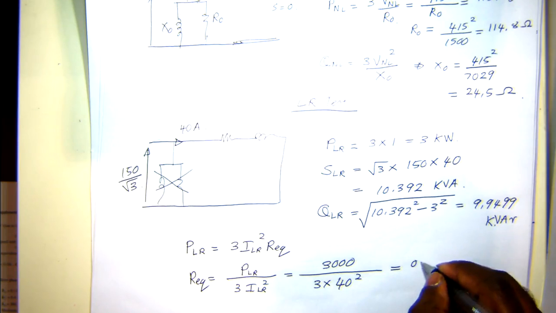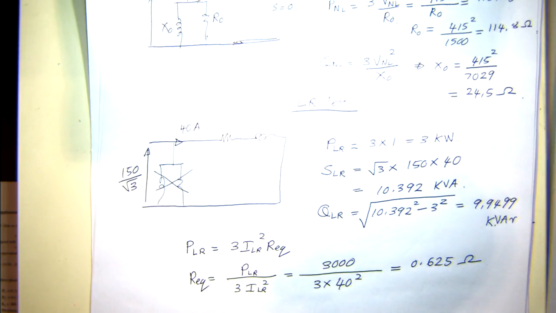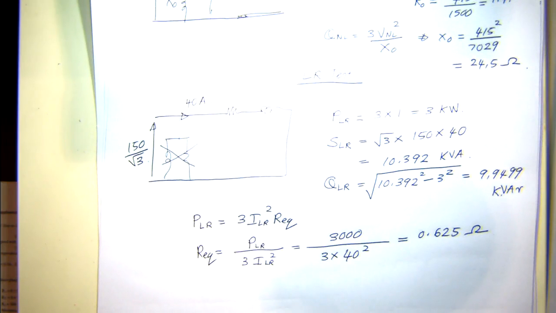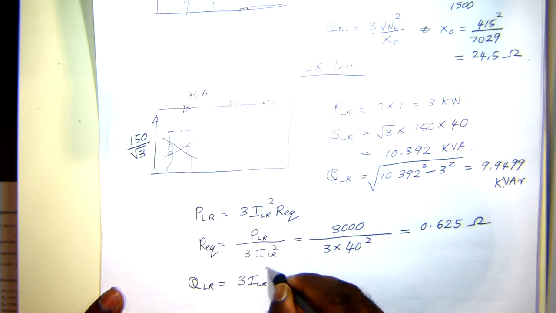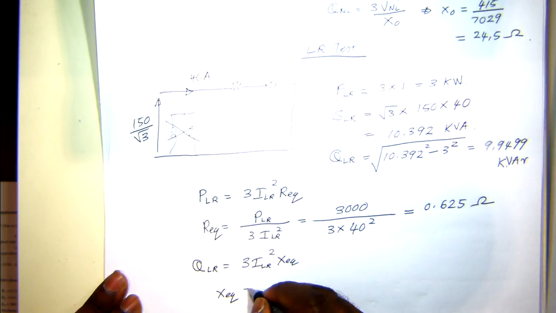Which is 0.625 ohm. That's for the copper resistance. And then similarly, the reactive power, we can write lock rotor as 3 times I lock rotor squared X EQ. So the reactance will be Q lock rotor divided by 3 times I lock rotor squared.